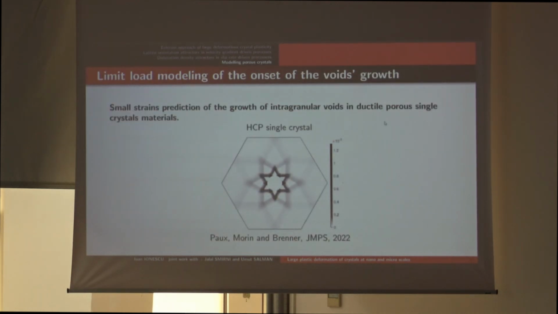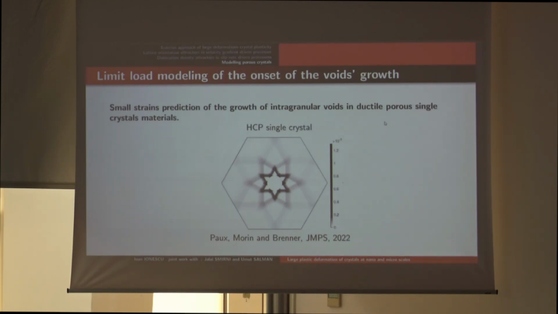There is a lot of very nice work about the onset, that means small deformations, the real beginning. This situation can explain what happens at the beginning, what the shear bands are, what happens with orientation and so on. But it's very difficult to see what happens after a large deformation.